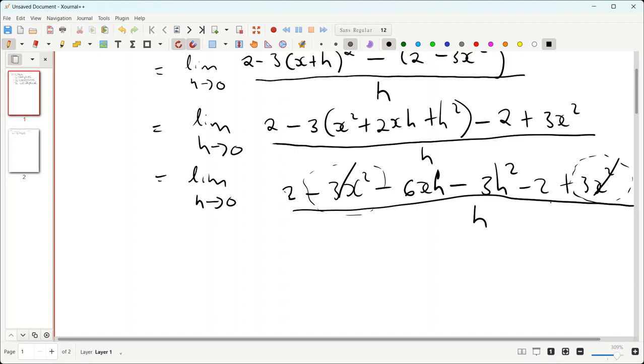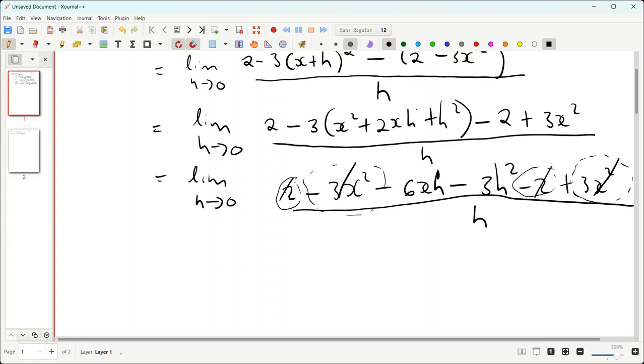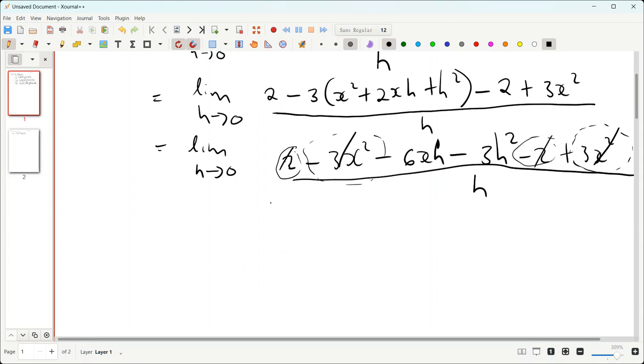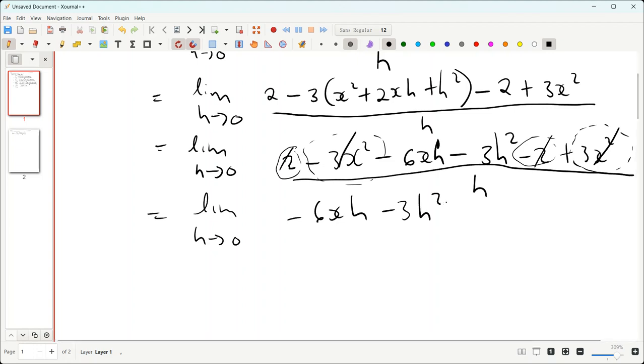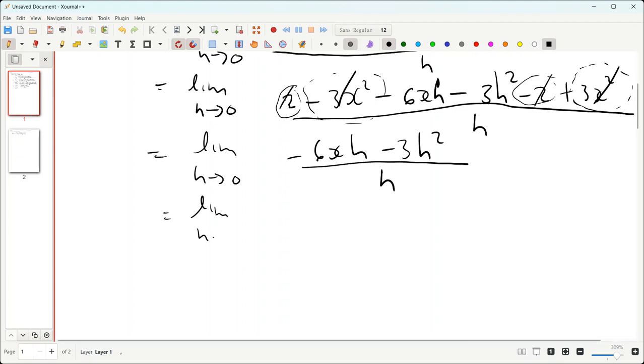The other ones that we have are 2 here and also negative 2 here, so these will cancel. So we can clearly see that we'll be left with the limit of minus 6xh and then minus 3h squared, divided by h, as h tends to 0.